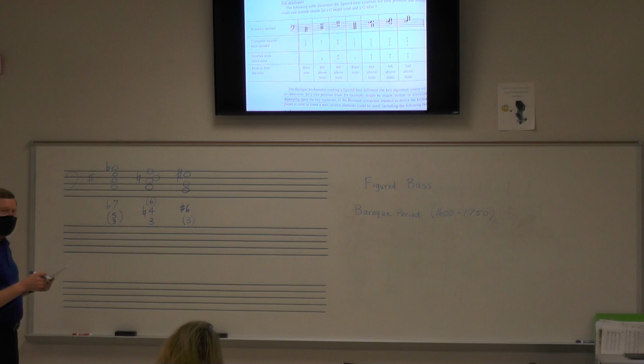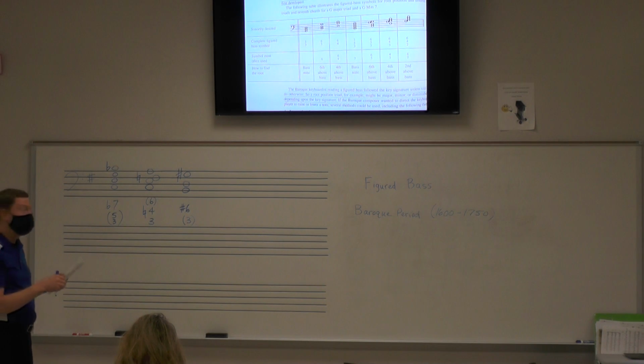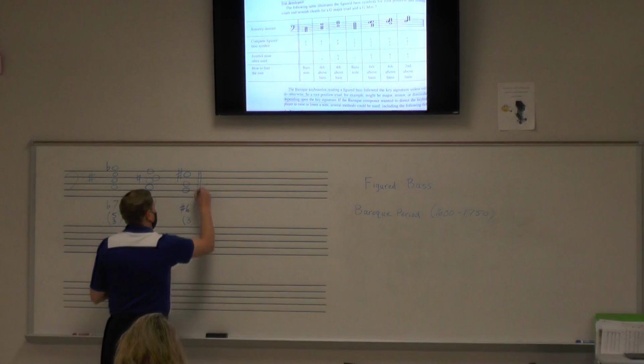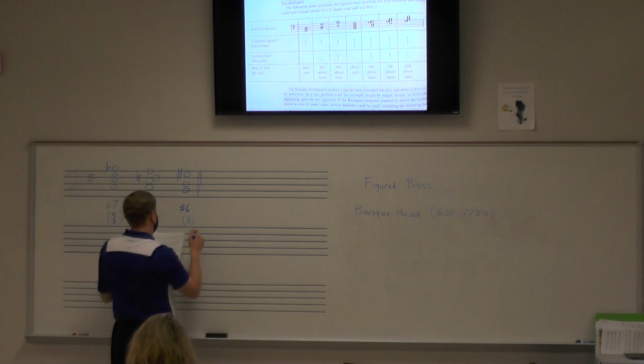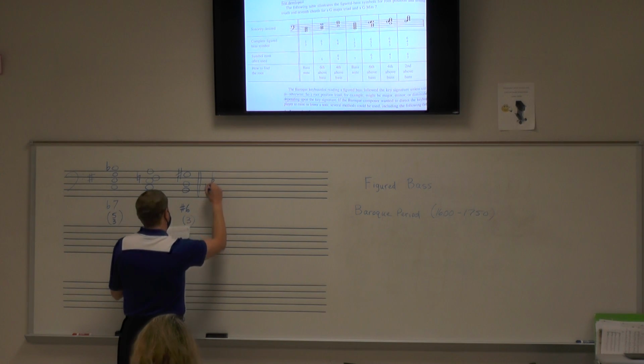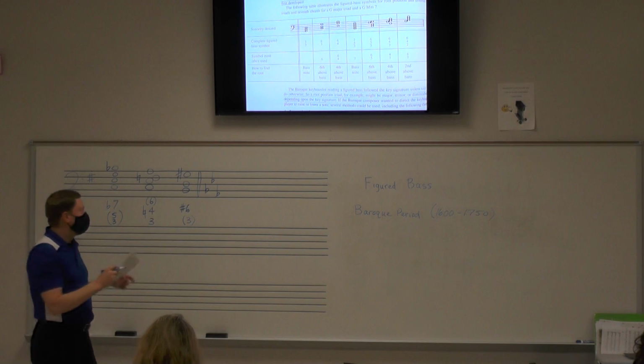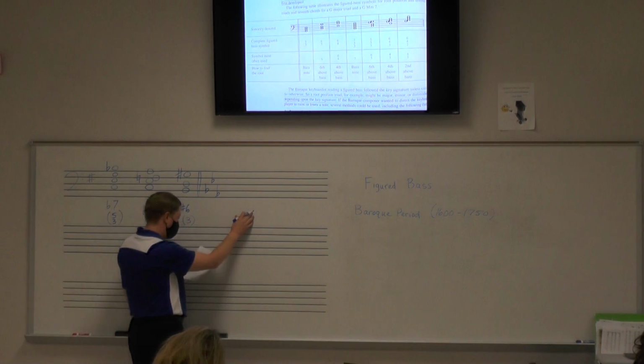There was another way that composers sometimes told the keyboard player to play notes outside of the key signature. Sometimes they use things like slashes or plus signs. I'm going to change the key signature here. Remember, the notes above the bass have to follow the key signature unless the performer is told to do otherwise.